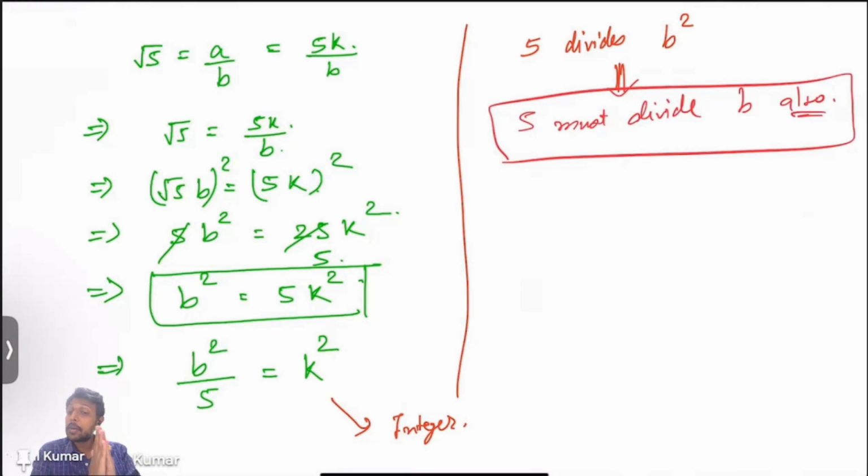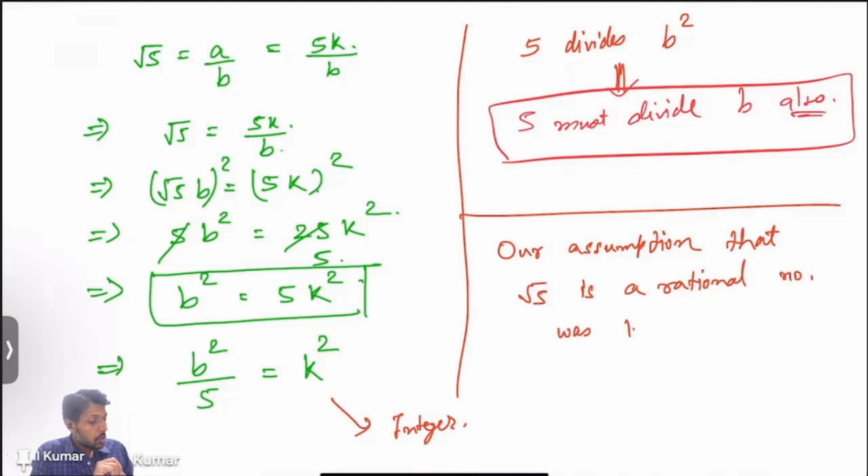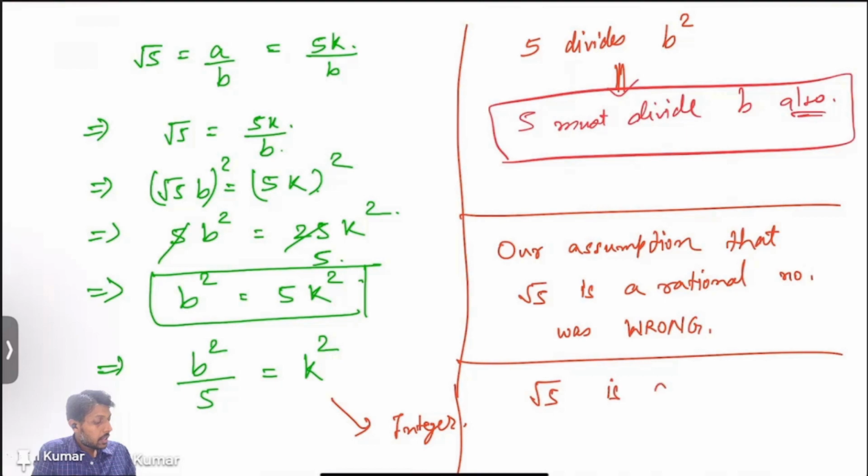That means our assumption must be wrong. So our assumption that root 5 is a rational number was wrong. If this was wrong, then what is right? The right statement is that root 5 is an irrational number.